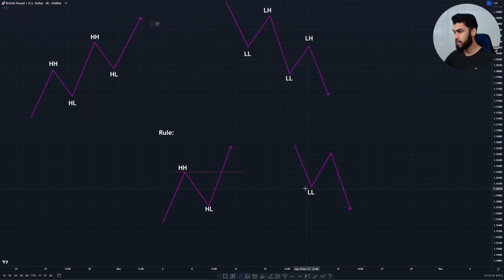You then need a break of this lower low point before we can conclude that this is an established lower high point. And we can only conclude that once this lower low point has been broken, creating another lower low right over here, as you can see. So that's how you're going to understand if a trend is going to be broken.